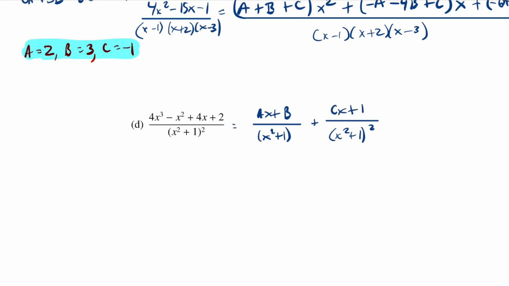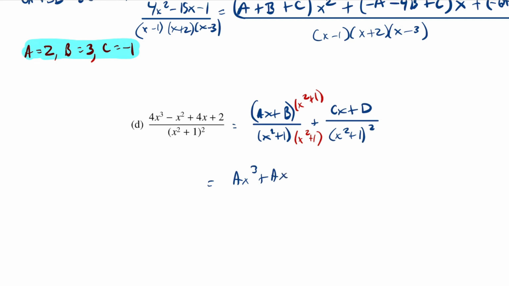So all we've got to do here is expand that out by foiling. If we do that, we're going to get ax to the third plus ax plus bx squared plus b, and then we have the second numerator, all over the LCD. All right, let's do the grouping. Let's write this in correct order.